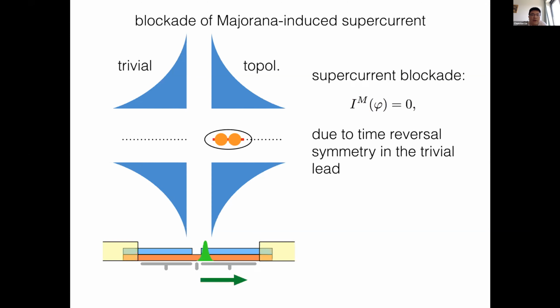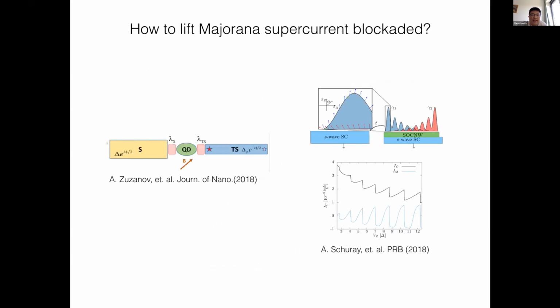Okay, so the next question is, if there's no supercurrent signal from an isolated Majorana zero mode, how can we lift this supercurrent blockade? Because it's always difficult to say we have detected the presence of Majorana zero modes by seeing nothing in the experimental signal. There are a couple of proposals already in the existing literature.